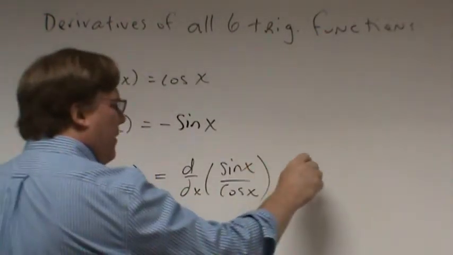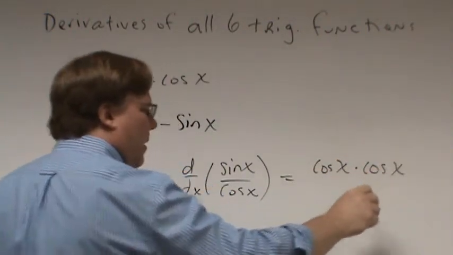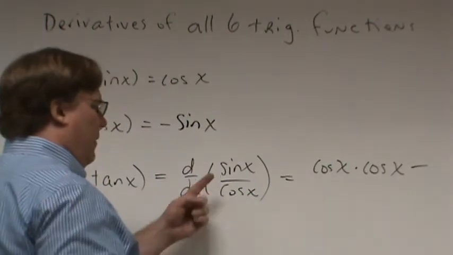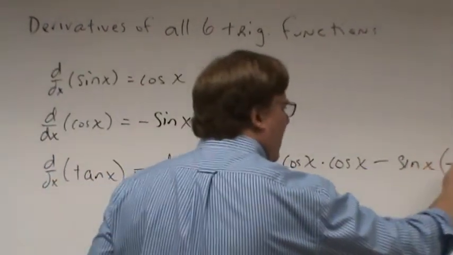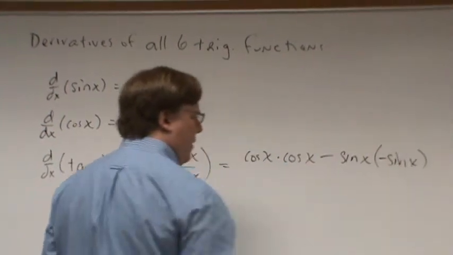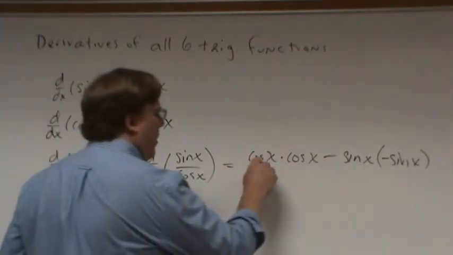The derivative of the top times the bottom minus the top times the derivative of the bottom. You guys okay with that? Derivative of the top times the bottom minus the top times the derivative of the bottom, all over the bottom squared.